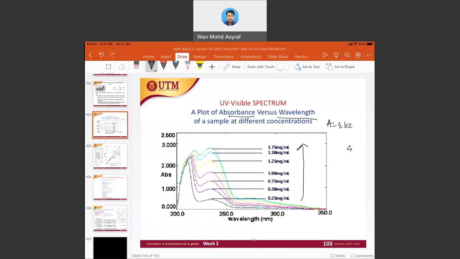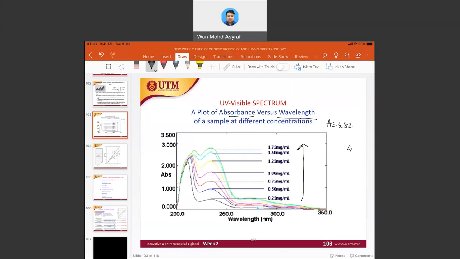Following on our previous lecture, we have learned about UV visible spectroscopy, and you have learned about each of the instrumental parts in a UV visible spectroscopy. Now, when you look at this slide, it shows a plot of absorbance versus wavelength.